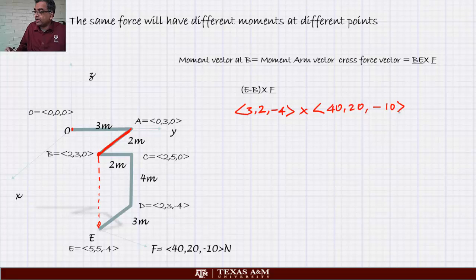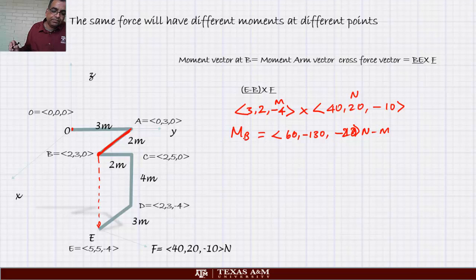You can do the cross product yourself, whichever way you want, or the way I did it. This is meters, that's Newtons, so this gives me 60, minus 130, minus 20 Newton meters. That's my moment vector at B.